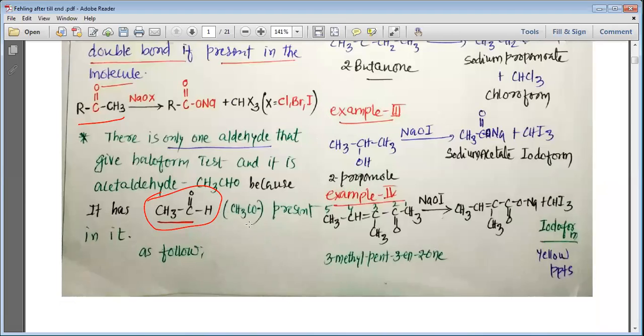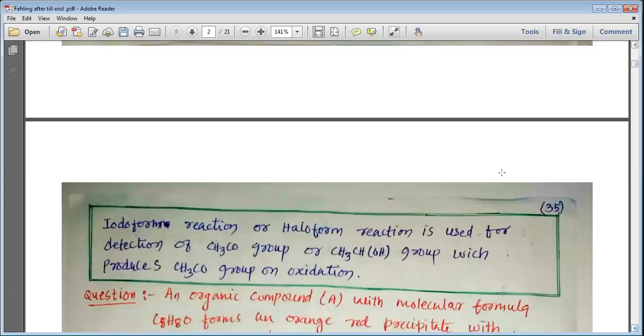Apart from acetaldehyde, all the other aldehydes do not undergo the test and give you the yellow precipitates of iodoform. So this is how you can distinguish between aldehydes and ketones, or the two aldehydes, aromatic aldehyde or aliphatic aldehyde. Yesterday we studied the iodoform test.